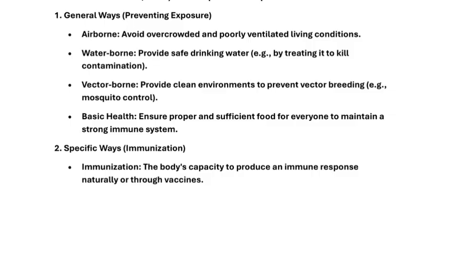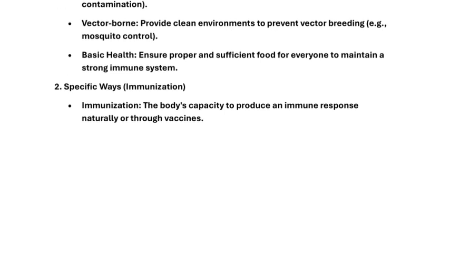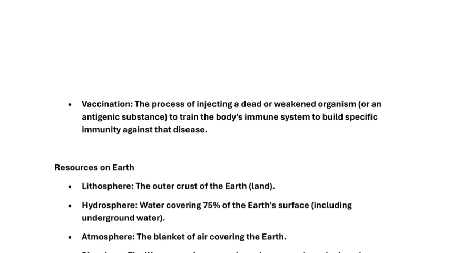Basic health: ensure proper and sufficient food for everyone to maintain a strong immune system. 2. Specific ways, immunization: the body's capacity to produce an immune response naturally or through vaccines. Vaccination is the process of injecting a dead or weakened organism, or an antigenic substance, to train the body's immune system to build specific immunity against that disease.